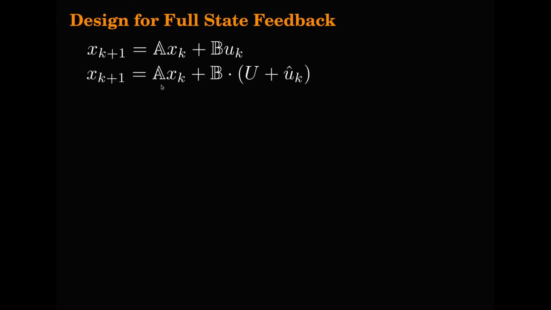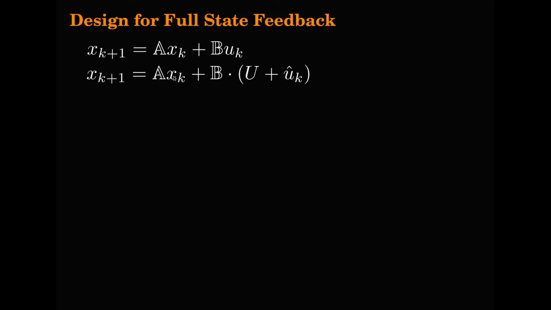Now, rewrite that state equation and replace u(k) with the nominal operating point value plus the deviation in the neighborhood of the nominal operating point, u(k) hat. So u(k) can be replaced by U plus u(k) hat.